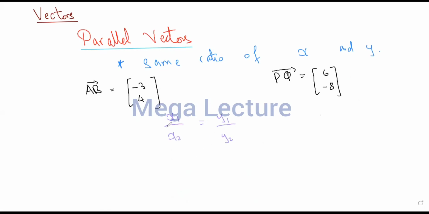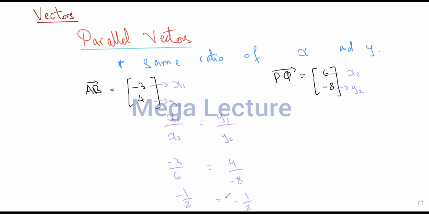We need to check that actually. So this is x1, this is x2. So it is -3 by 6, and it is -1 by 2. Let's see, in case of y's, this is y1 and this is y2. So it would be 4 by -8, and it would be -1 by 2, right?